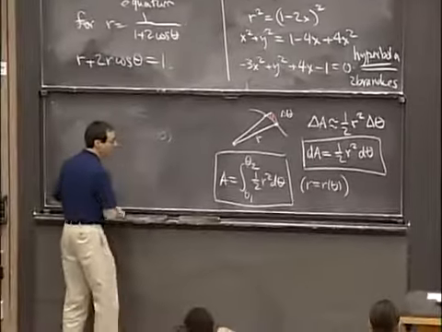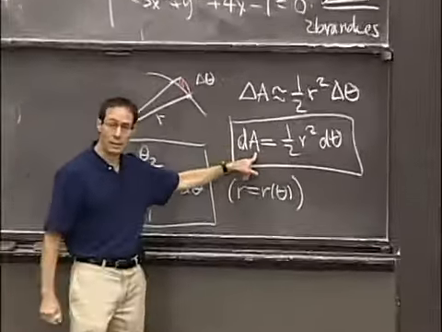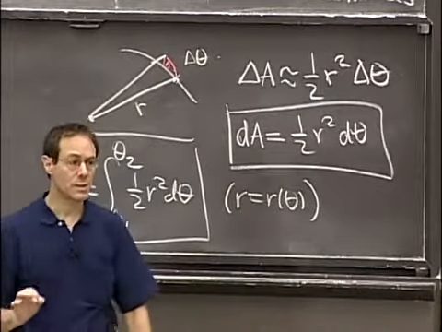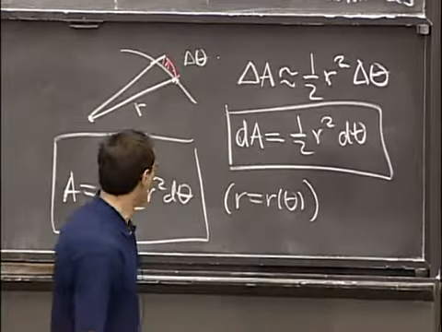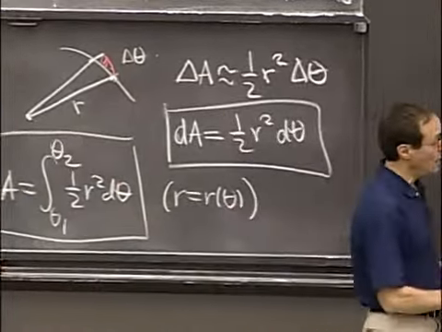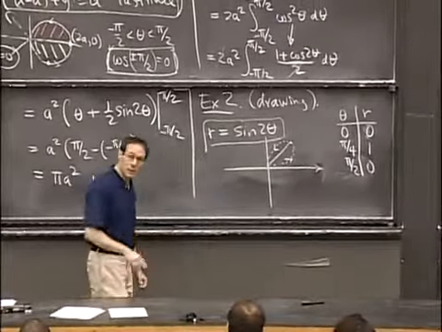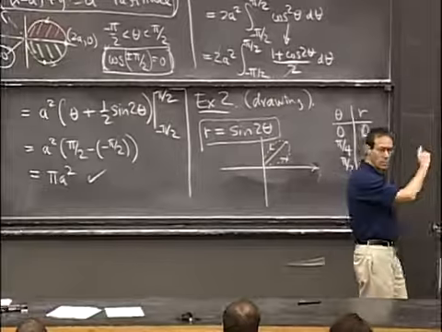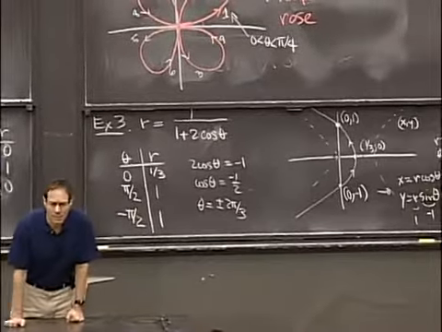I want to make the connection now with the basic formula for area here, because this is a really beautiful connection. And I want to make that connection also with this example. The hyperbolas, as you probably know, are the trajectories of comets.